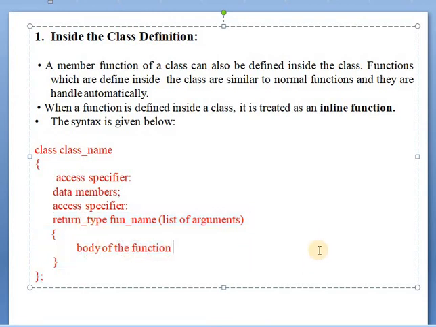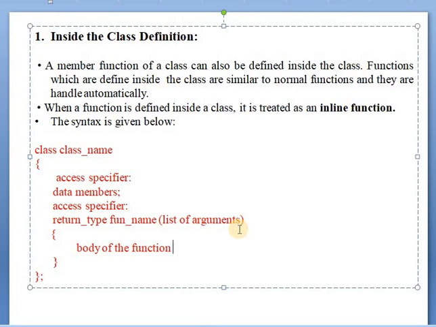So return type, that may be void, mostly it is void, or integer, float, character, okay, any data type. Then function name and list of arguments. So this list of arguments is optional. We can pass the arguments to the function, or not, it is optional.